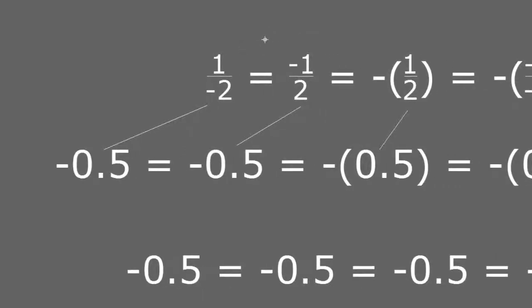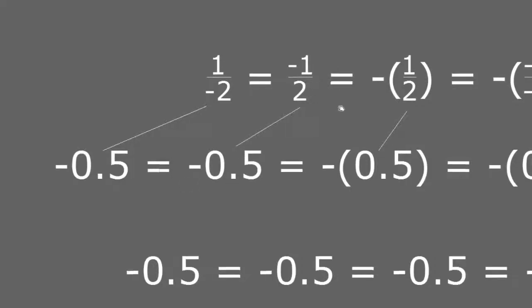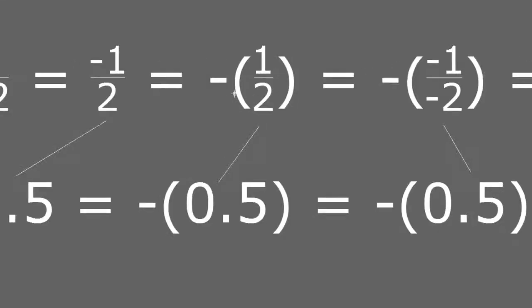Same thing happens if the 1 is negative and the 2 is positive. A negative divided by a positive is a negative number, that is also negative 0.5. Now here we have the negative outside and the fraction is in a parenthesis.